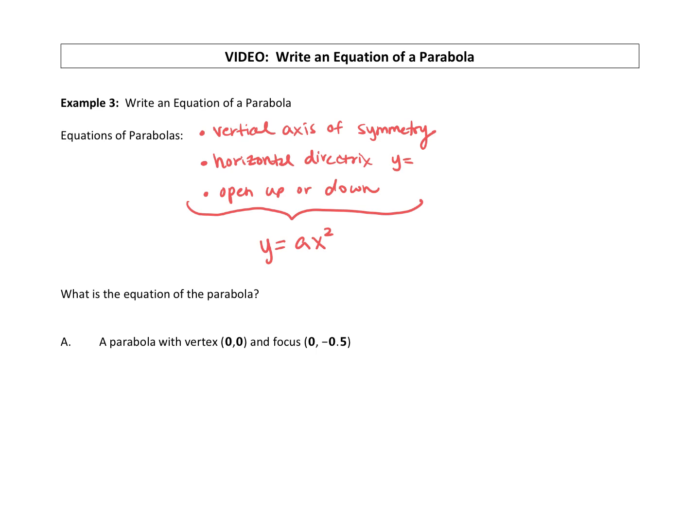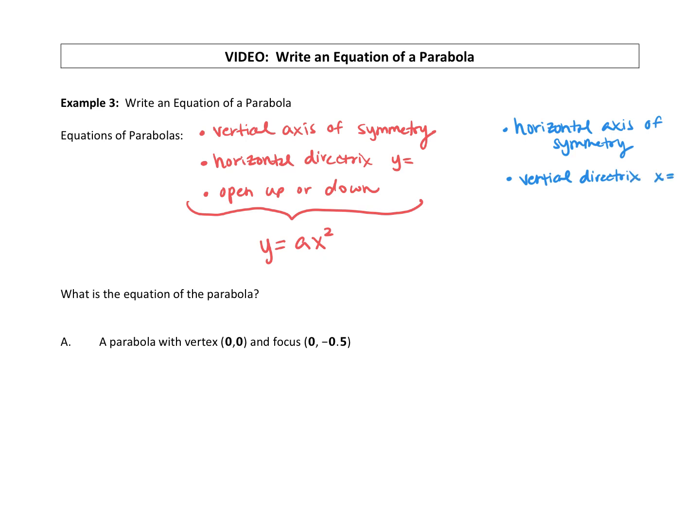Another parabola that you will see will have a horizontal axis of symmetry. It will have a vertical directrix, which has the equation x equals a number.